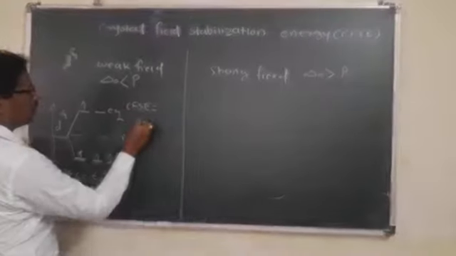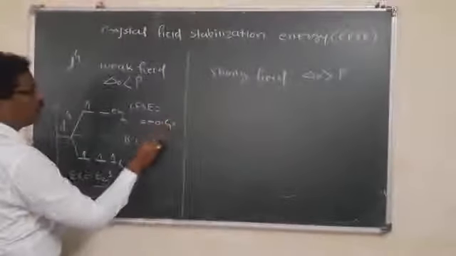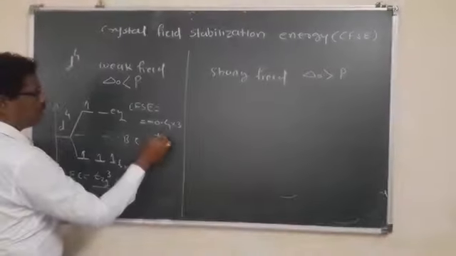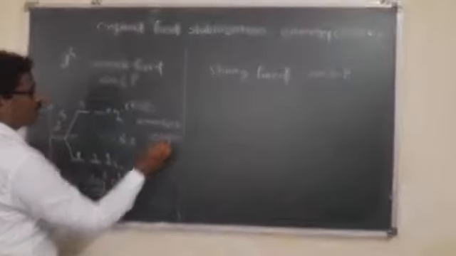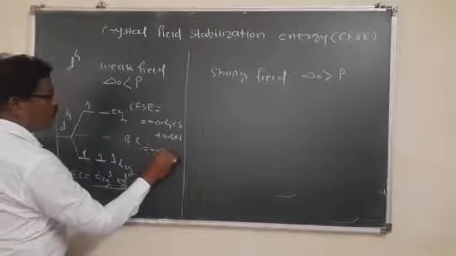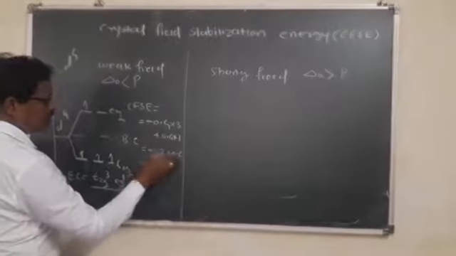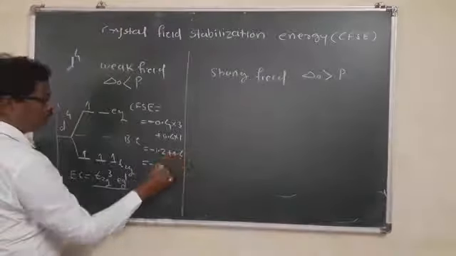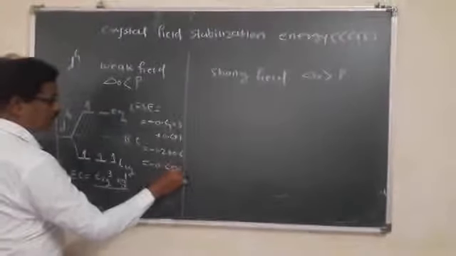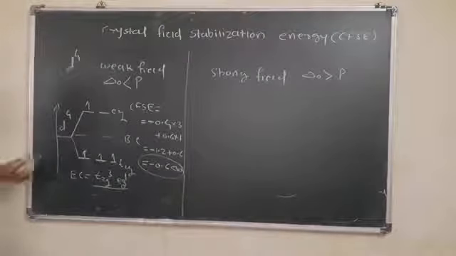Okay, and therefore the crystal field stabilization energy CFSE is equal to minus 0.4 into 3 plus 0.6 into 1, and therefore minus 1.2 plus 0.6, which is minus 0.6 delta O. This is the crystal field stabilization energy for the weak field complexes.